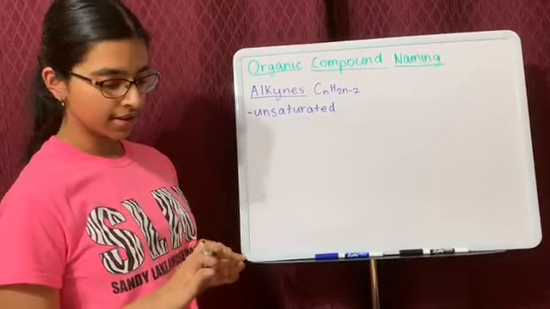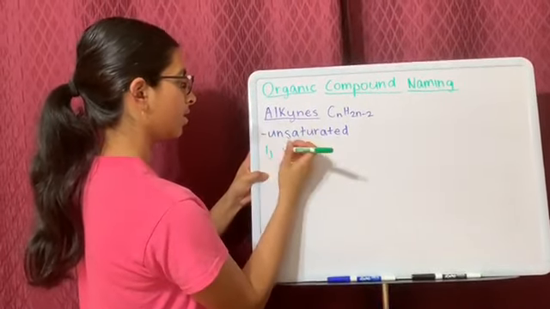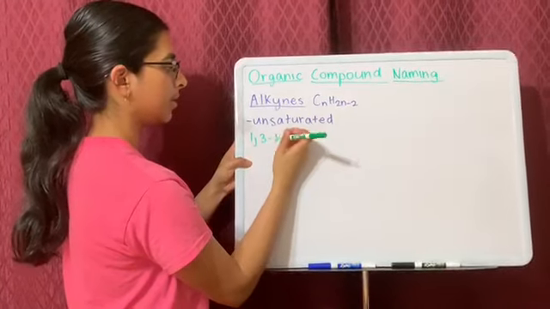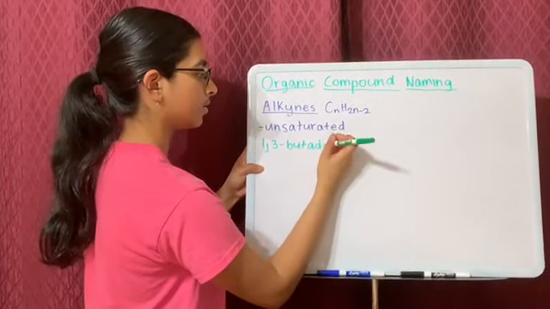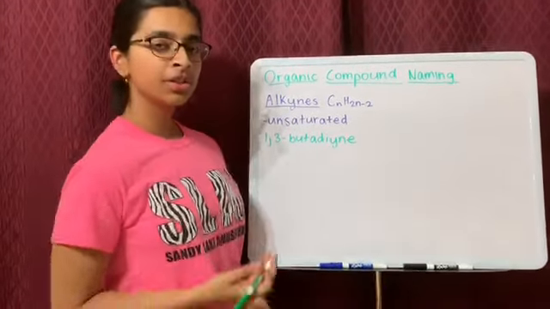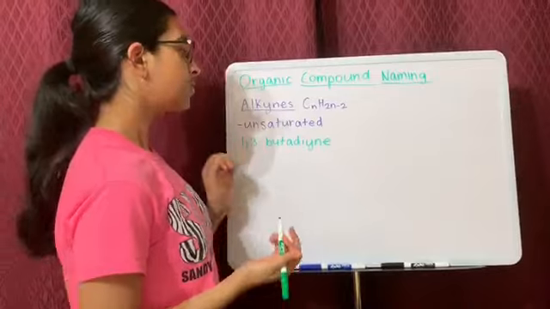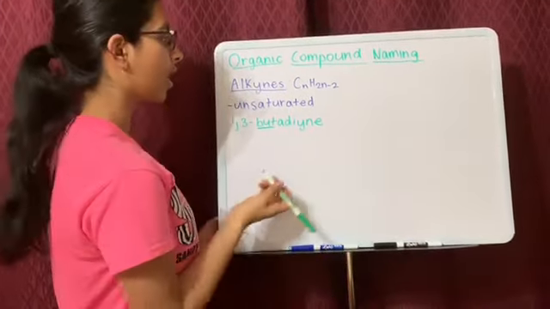So I'll give you guys an example of 1,3-butadiene. This looks a little bit complicated, but let's just do it step by step. The first thing we see here is but, and that means we have 4 carbons.